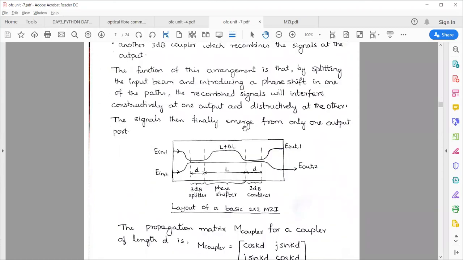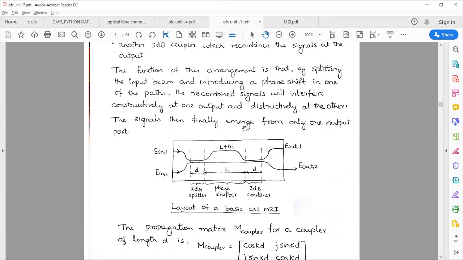It has three components. We have a 3 dB splitter at the input stage, and a 3 dB combiner at the output stage. In between the splitter and combiner, we have a phase shifter.